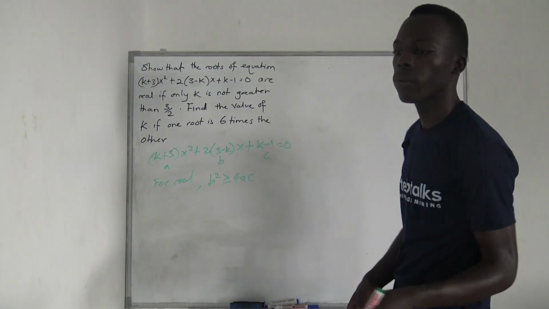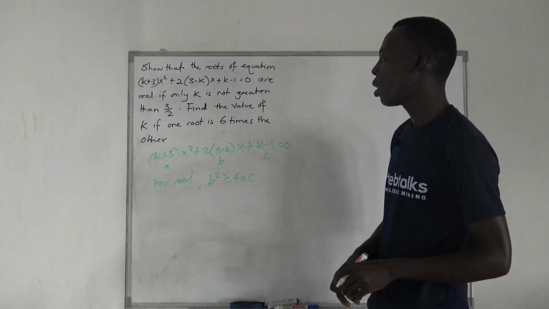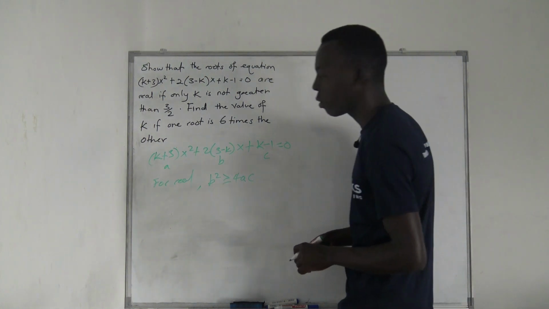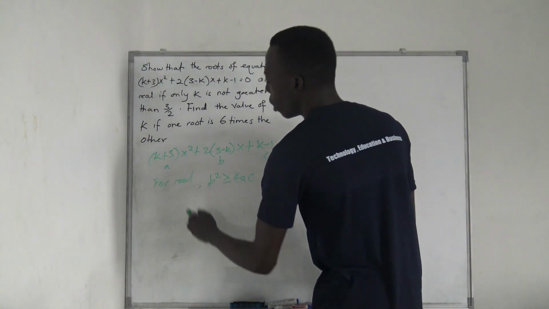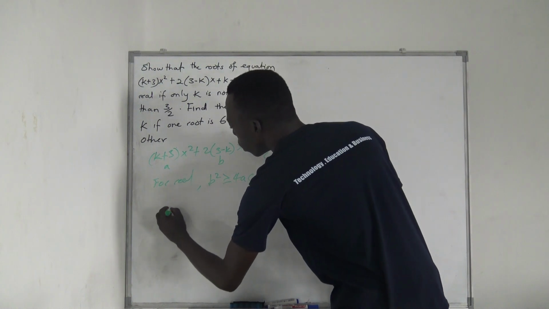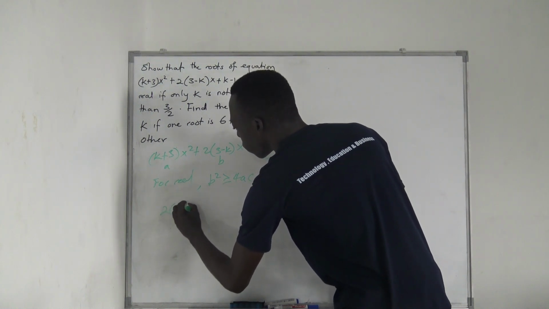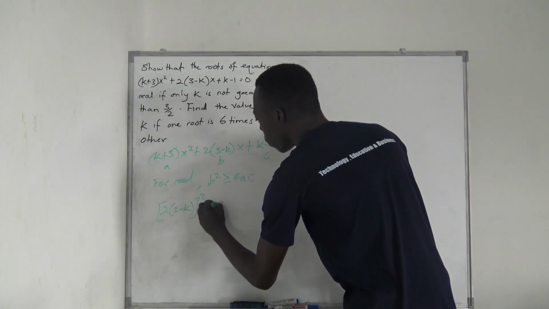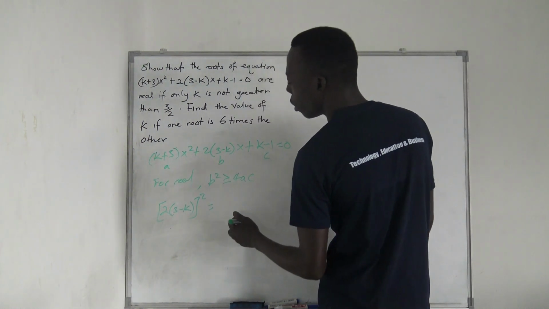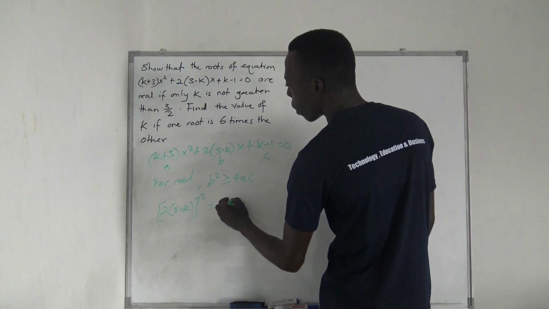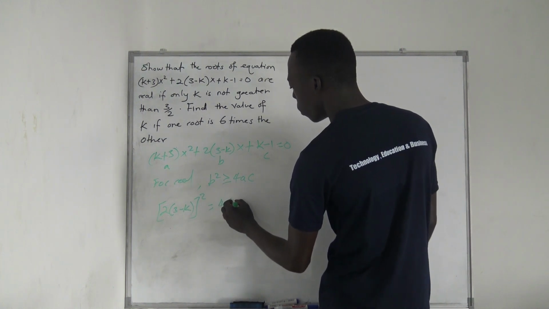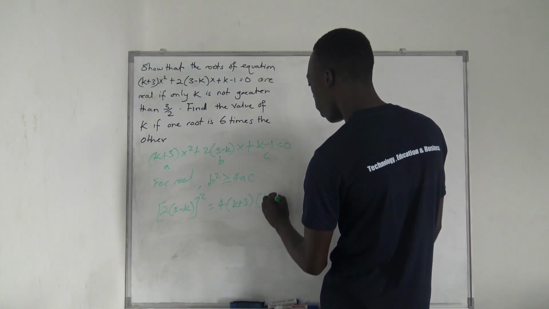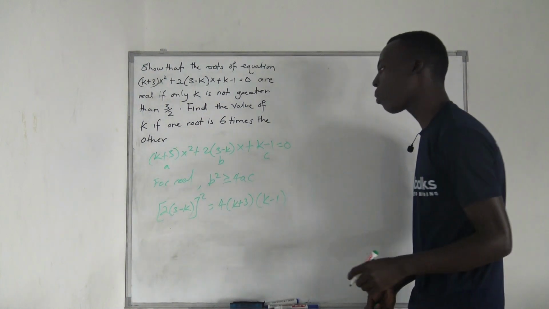So substituting the values of a, b and c, we have b, which is 2 times 3 minus k, the whole thing squared, on this side, and on the other side 4 times a, which is k plus 3, times k minus 1.